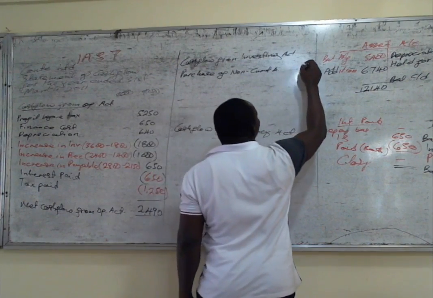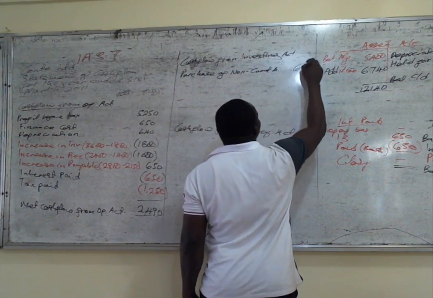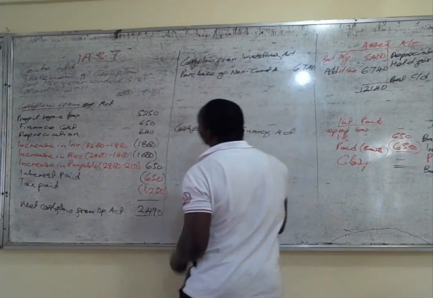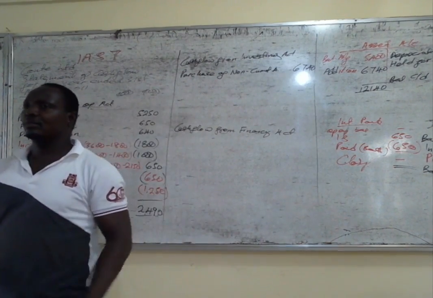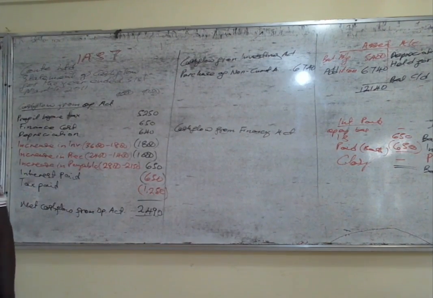How much? 6,747. I hope it's simple. The asset is where you can have a problem, but otherwise there's nothing that really is difficult out there.